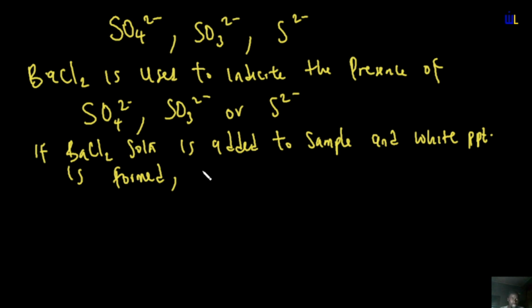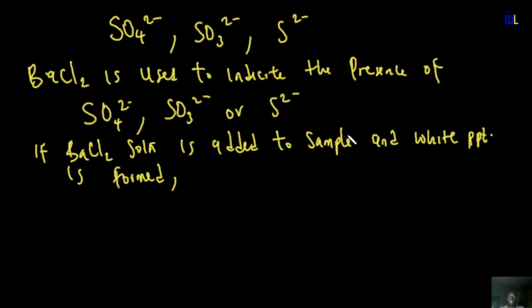Earlier on, I said once you see AgNO3, you start suspecting halogens. In this case, once you see barium chloride, start suspecting sulfate, sulfite, and sulfide. Sulfate is SO4 2 minus, sulfite is SO3 2 minus, and sulfide is S2 minus. So let's get to work.